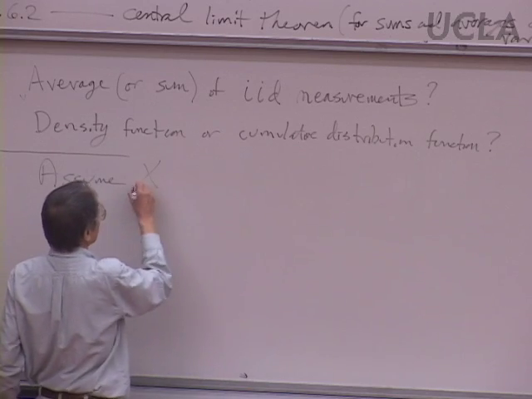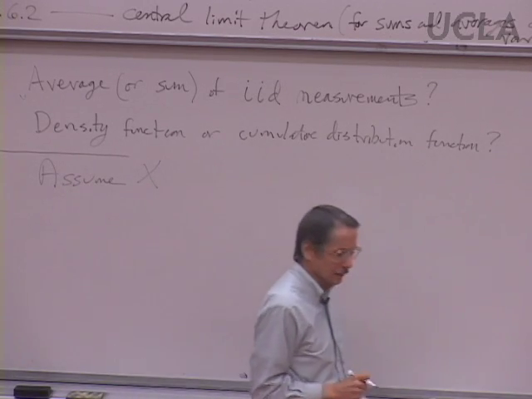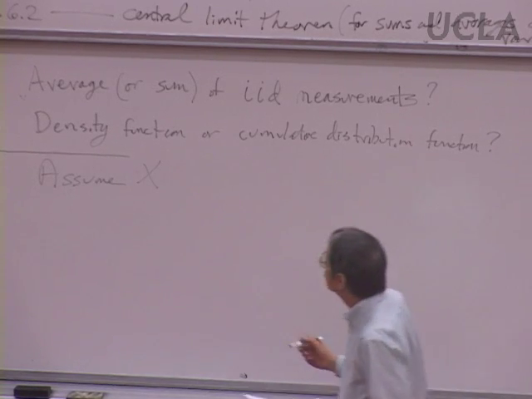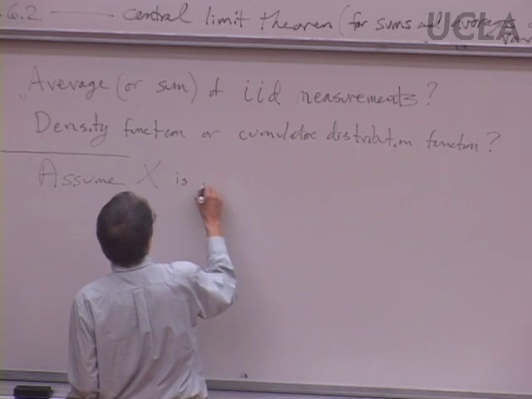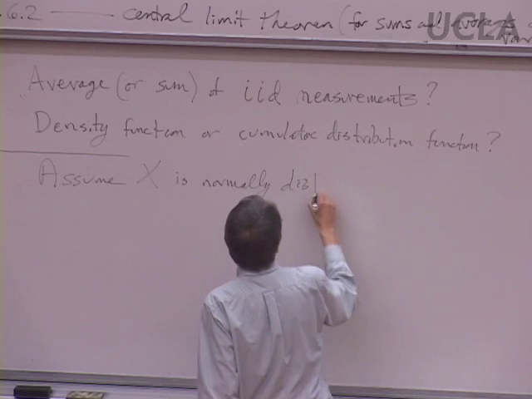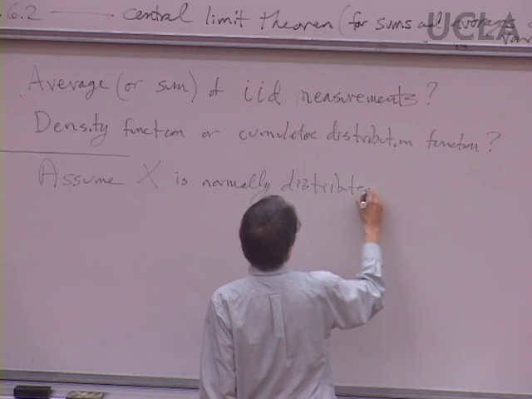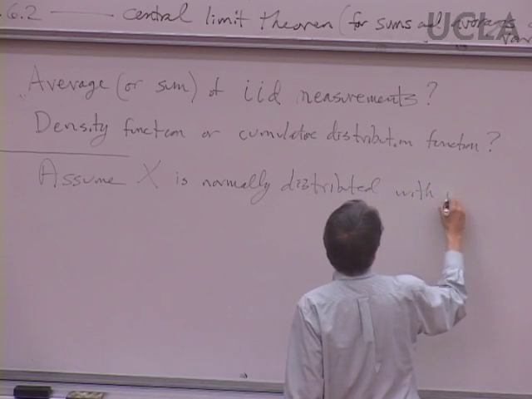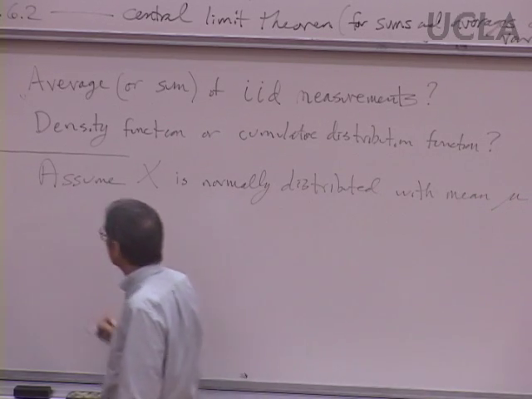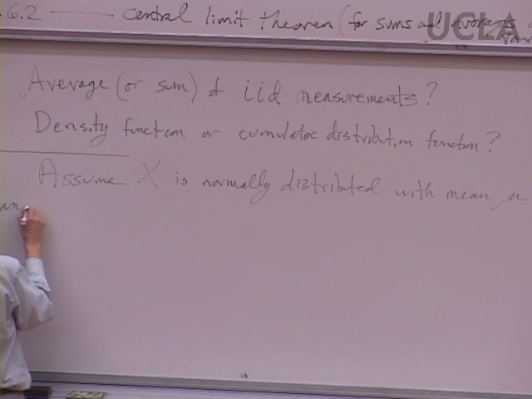Well, let's look at the case of a normally distributed random variable, say x, normally distributed with mean, which we'll call mu, and standard deviation, which we'll call sigma.